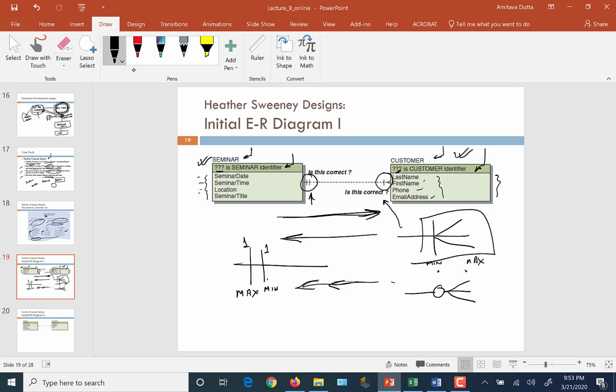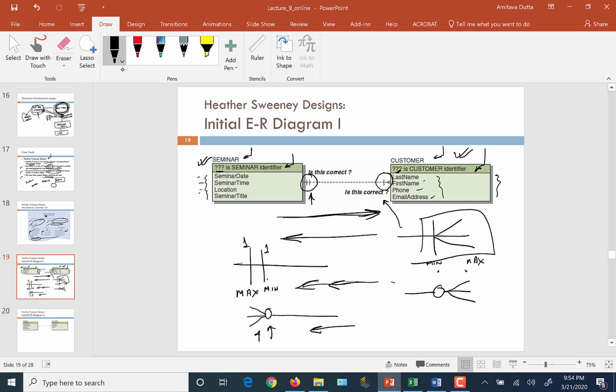Okay, so what I'm sensing is, again, I'm not going to complete the drawing now because I would need more information, but my hunch is that on this left side the picture should look like this. That is, when I go from customer to seminar, one customer attends at least 0 seminars and at most many seminars.